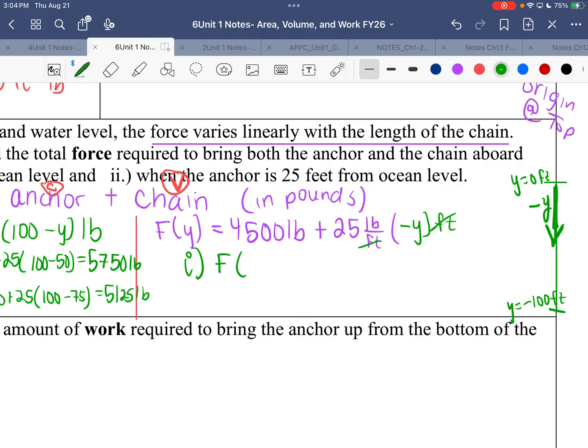So if I'm going to the halfway point, I'm going to negative 50. I'm going down 50. Plugging in, same number.